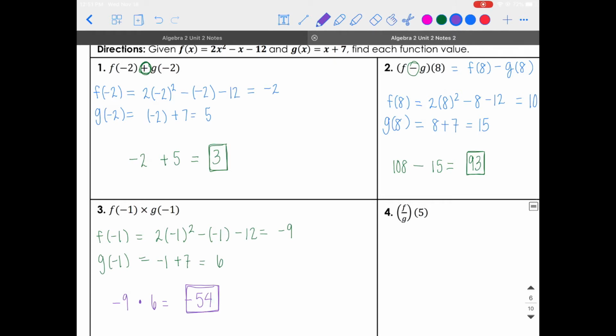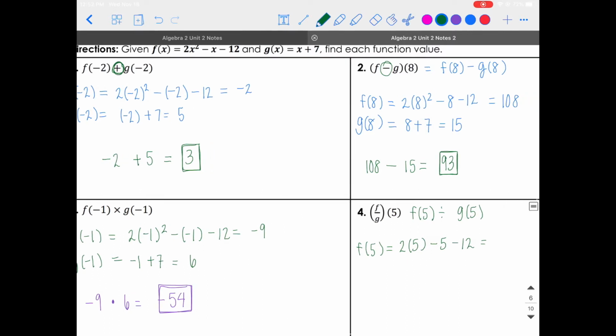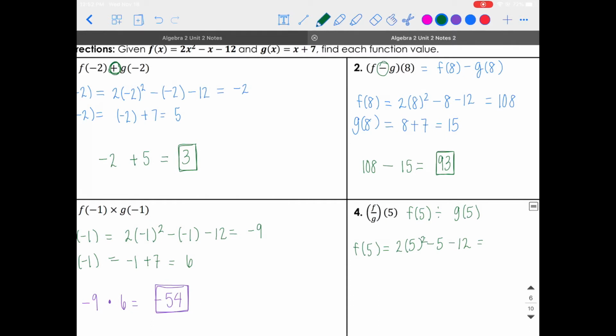Number 4, this one is division, so it's f of 5 divided by g of 5. So we're going to plug in 5 for both equations. F of 5, oops, I forgot my squared.